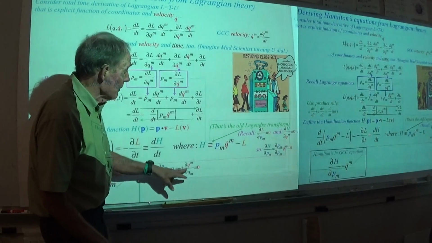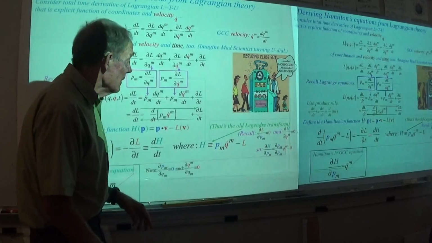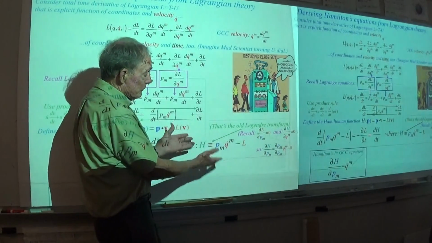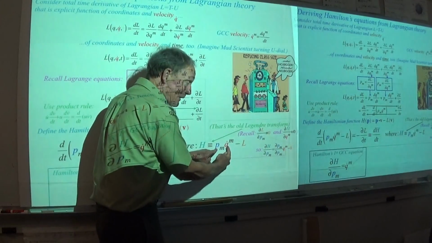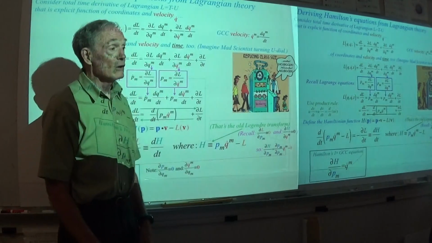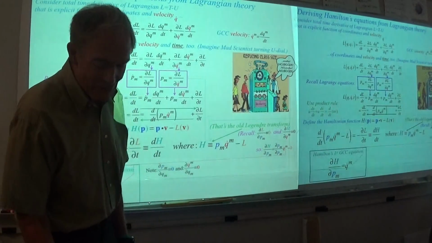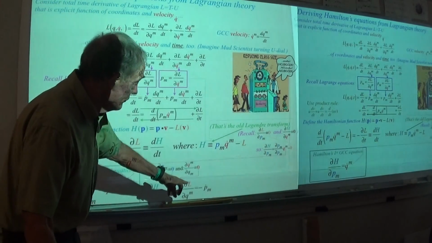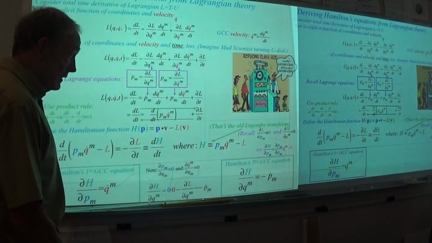And so this partial dependency here is identically 0, both of them. And that means when I go through and take a partial of this equation with respect to a coordinate, I get 0 times 0, which is really trying to tell me something right here. This is 0, and then I have minus the partial derivative of the Lagrangian with respect to a coordinate is what's left. Okay?